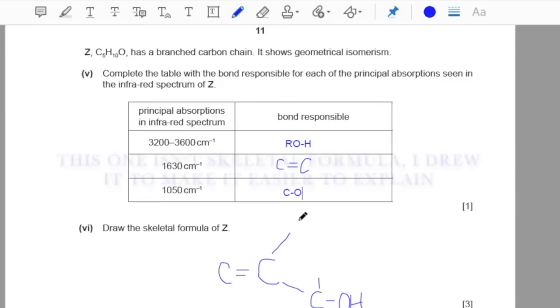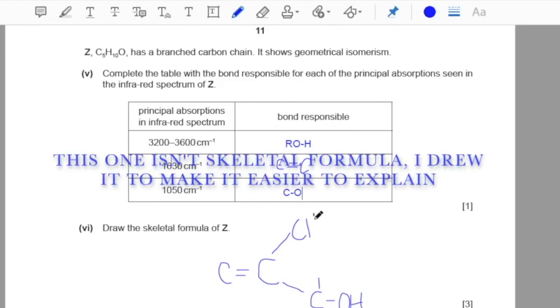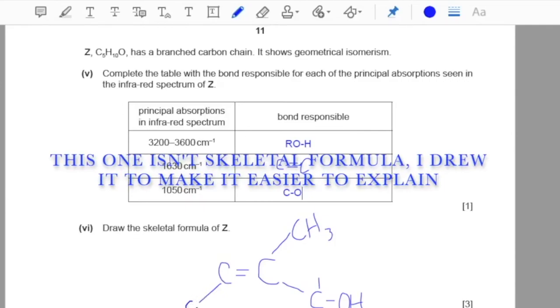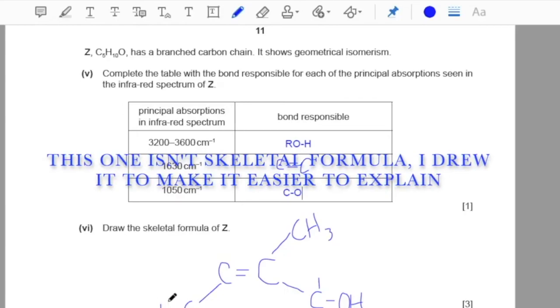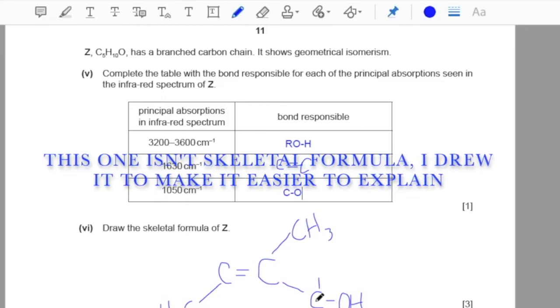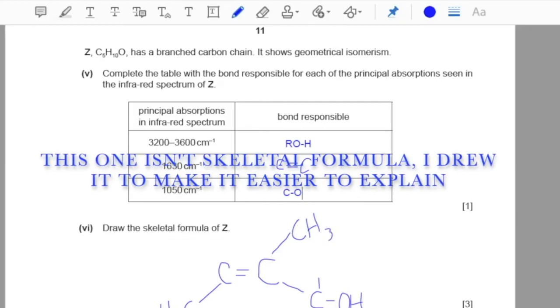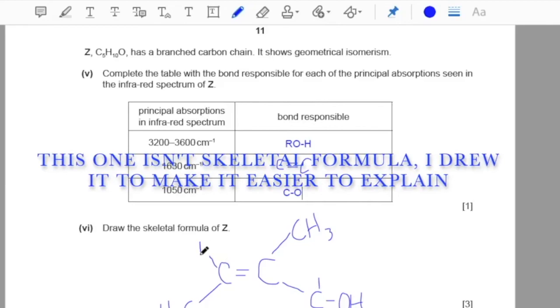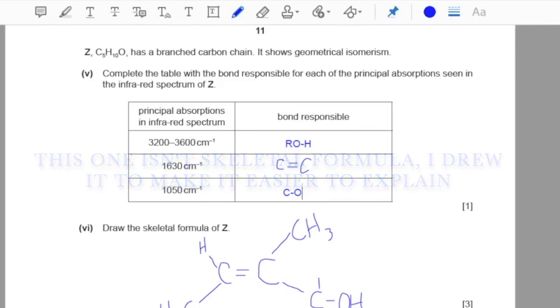They need to be on 2 different carbon atoms, across from each other. So 1 methyl group over here and 1 methyl group over here. This forms a geometrical isomer. And now I'm left with 1 hydrogen atom because 1, 2, 3, 4, 5 carbon atoms are here, and 6, 7, 8, 9 hydrogens. So I'll put the 10th hydrogen over here, and we are given only 1 oxygen. So this is the structure of Z.